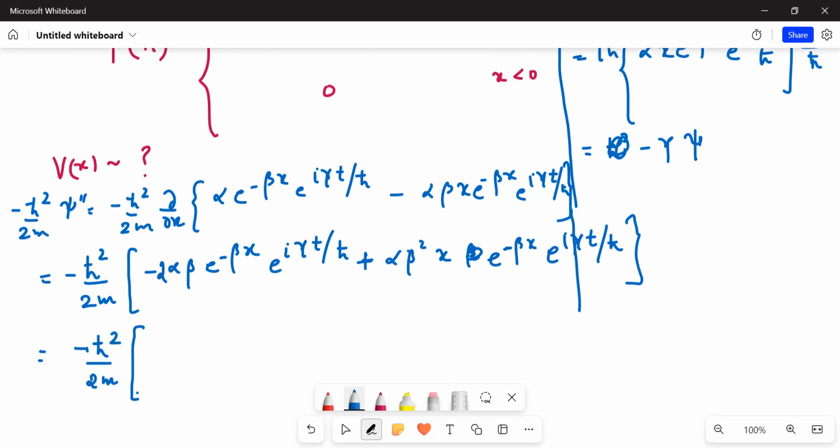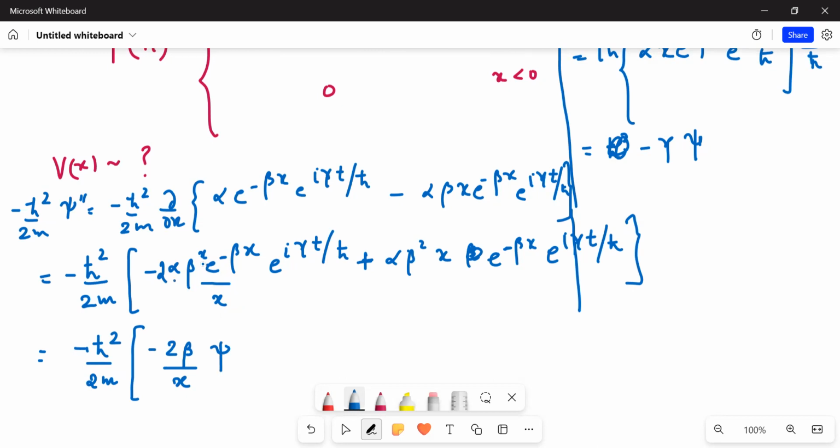Minus ħ square upon twice m. If I multiply x here and divide it by x, so what will I get? I will simply get minus 2 beta divided by x times psi. So this is psi, isn't it?